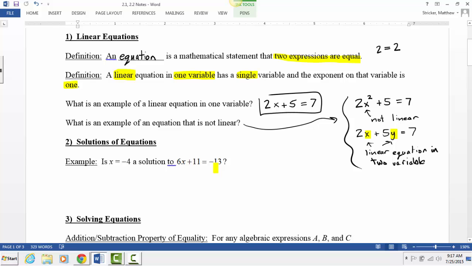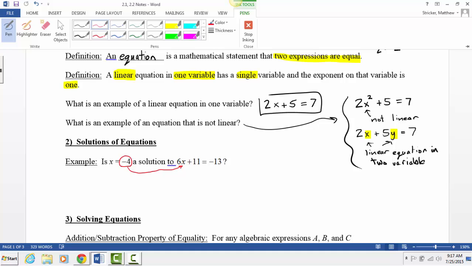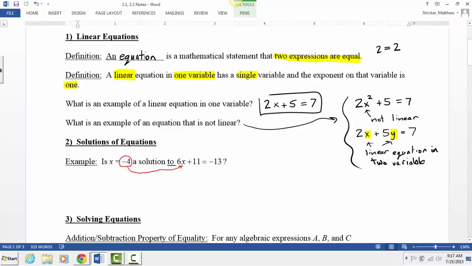So let's go ahead and take that -4 and evaluate the left-hand side of this equation if we plug that in there. One of the things we want to get in the habit of doing whenever we're plugging values in is to always put them in parentheses: 6 times (-4). Very important that you do that. In this particular problem, it specifies that this is multiplication and not 6 minus 4, but 6 times -4.